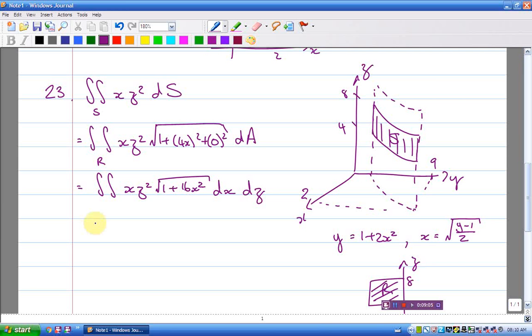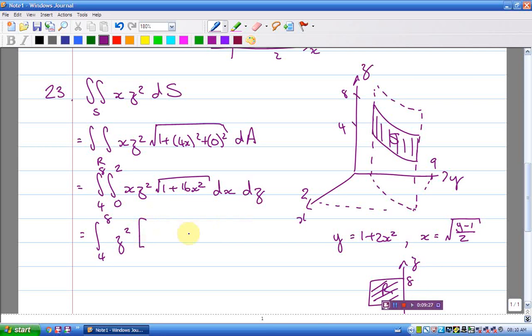However, I have done enough substitutions in my life that I can just figure it out without having to do substitution. Let's have a look. Yes, the limits of integration: x goes from 0 to 2, and z goes from 4 to 8. Okay, z squared is still coming.